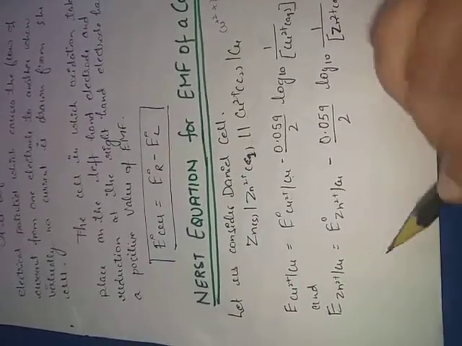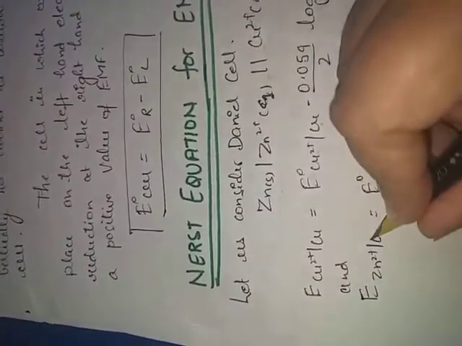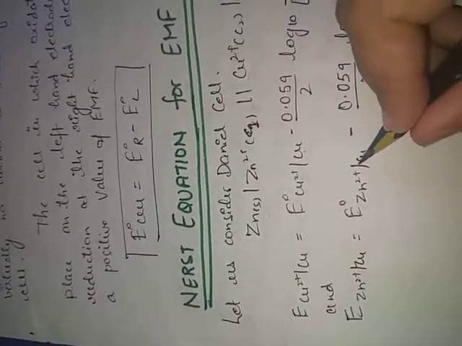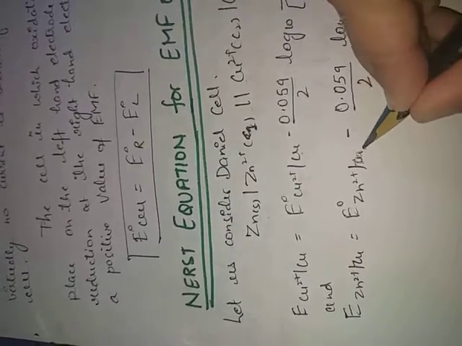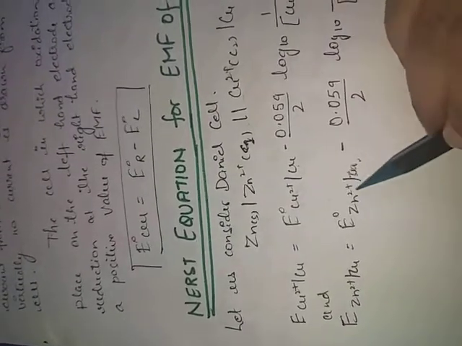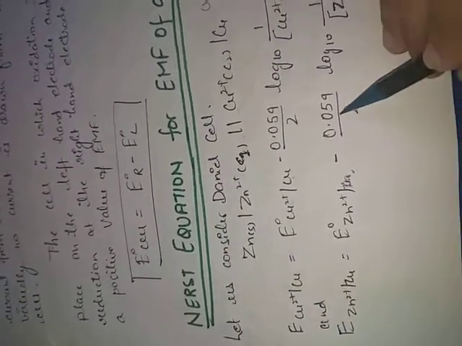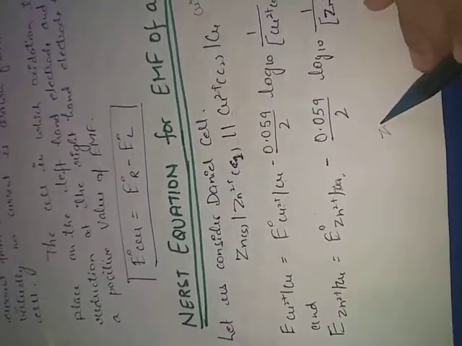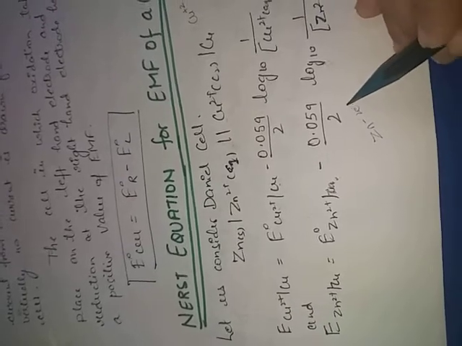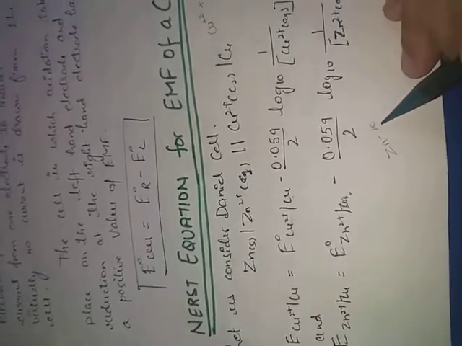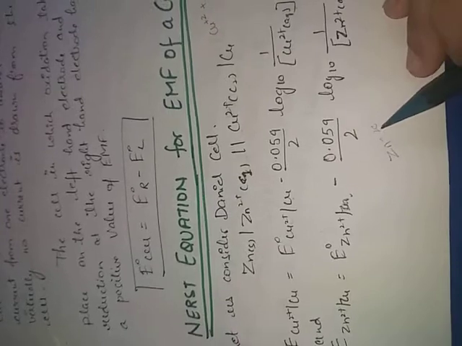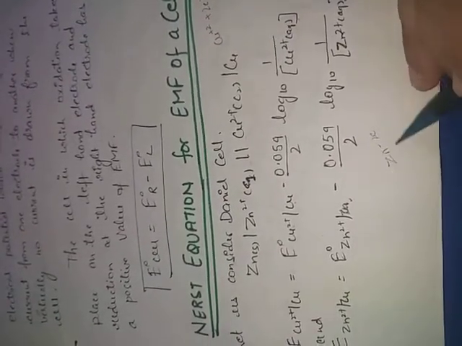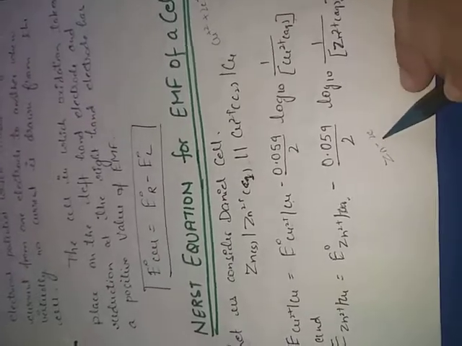For zinc, if we write, it will be E naught Zn2 plus oblique Zn minus 0.059 upon 2. Here again 2, because zinc will lose 2 electrons. Suppose it were 1 electron here and 2 electrons here, then we would have to multiply the whole by 2 to make the number of electrons equal.